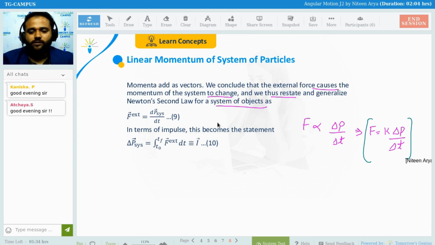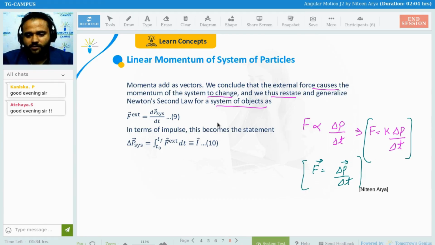So simply, force is the rate of change of momentum, which we know. For a system of particles, whenever we apply an external force, that is the rate of change of momentum of the system of particles. Instead of taking one, we can take all together. As simple as that.